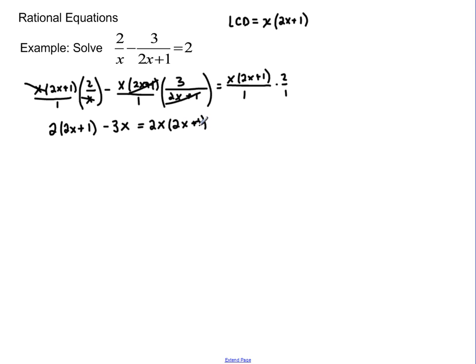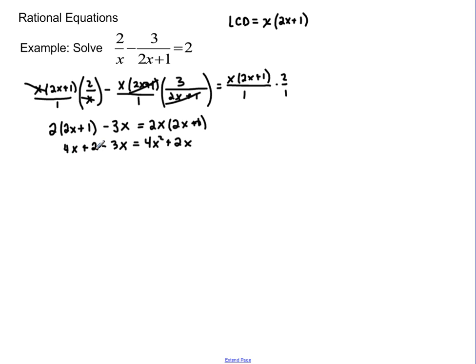Because when we multiply through and use our distributive property, we're going to end up with a quadratic equation. On the left-hand side, we get 4x plus 2 minus 3x, and on the right-hand side, we end up with 4x squared plus 2x. We need to set this equal to 0.